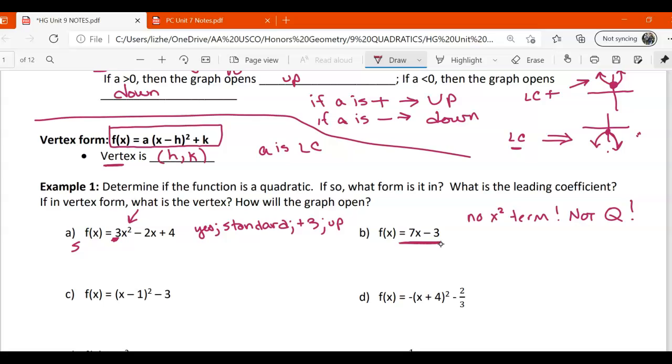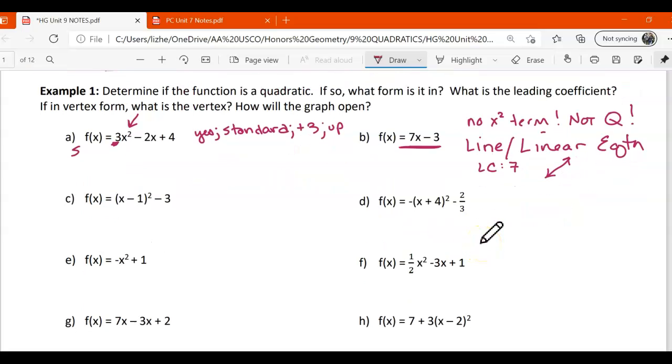The highest degree of this equation is x to the first power, therefore it is a line. We would call it a linear equation. And by the way, lines, linear equations also have a leading coefficient, 7. And the leading coefficient is positive here, right? And so we know our line is going to go like that. A negative would go the other direction. Okay.